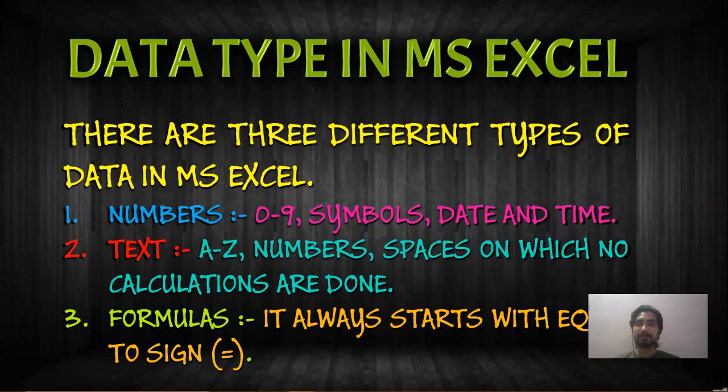And formula in MS Excel always starts with equal to sign. So if you are not writing equal to sign, then that will not be considered as formula. So if you are inserting a formula, that will always start with equal to sign. So let's move on to the MS Excel application and see these data types one by one.